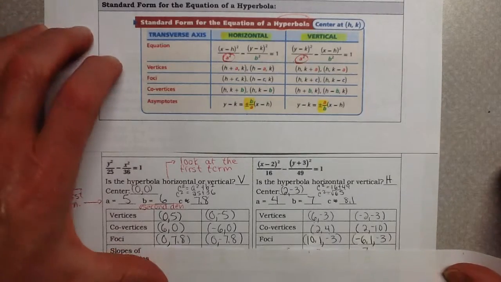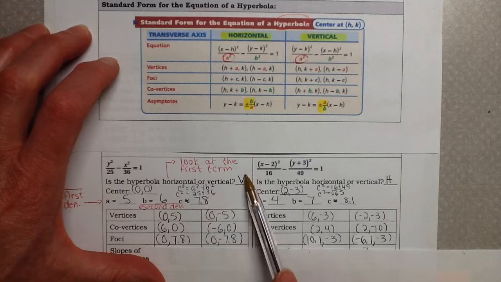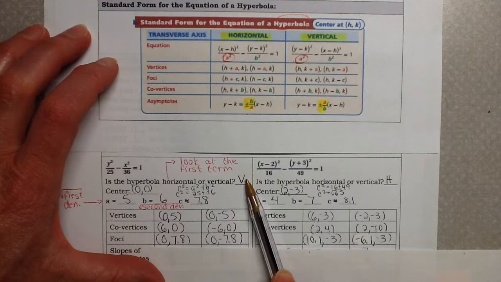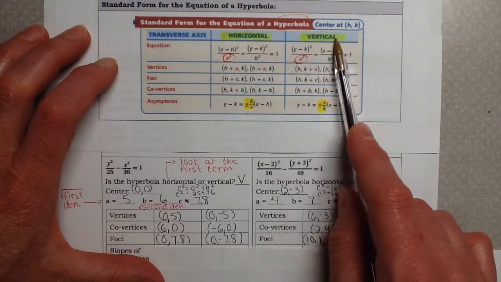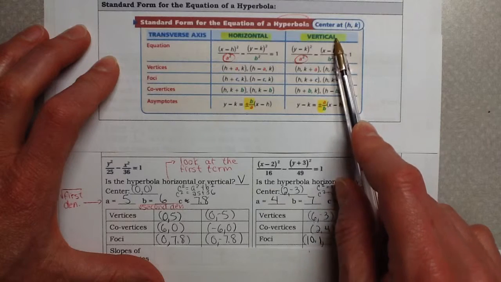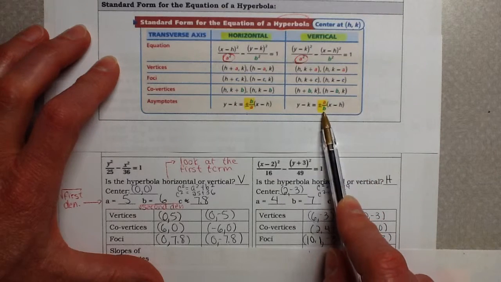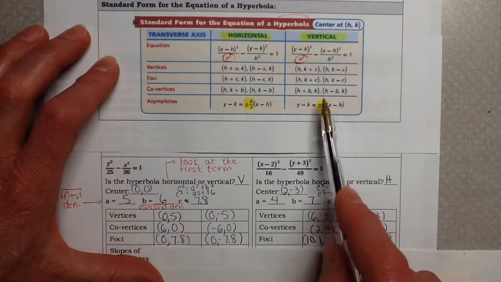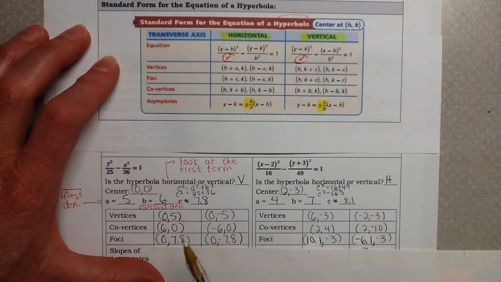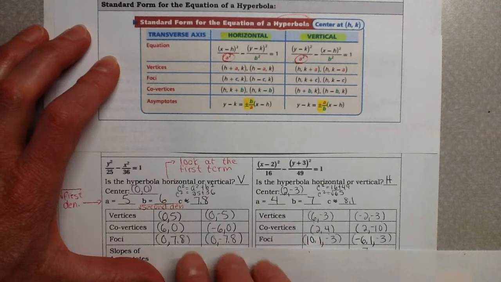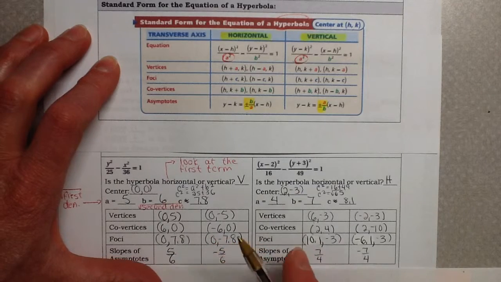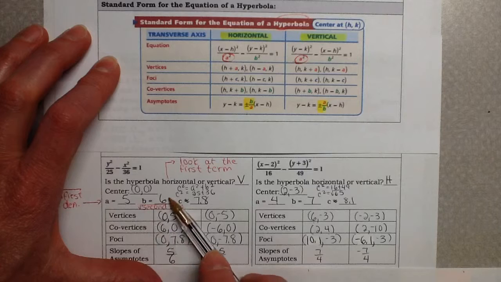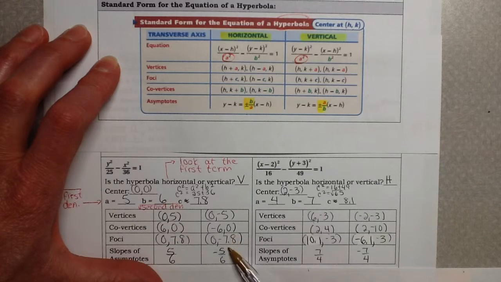So we have a vertical hyperbola, which means we need to go to the vertical column here. And in order to find the slopes, we need to take positive a over b and negative a over b. So that's pretty easy to do. We just look at a and b, and we're going to do 5 over 6, positive, and -5 over 6.